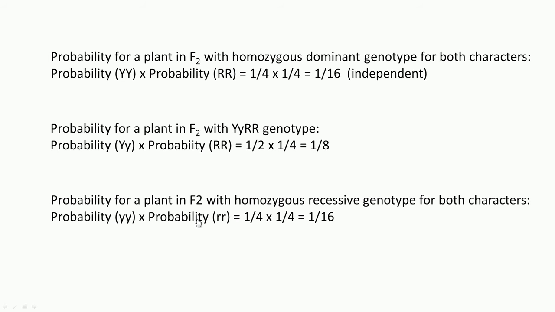The probability of a plant in F2 with homozygous recessive genotype for both characters, homozygous both the same, recessive both small letters in our terminology. In other words, probability of small y small y, small r small r. We know that this is 1/4 and this is 1/4, and therefore, the probability for a plant in F2 with homozygous recessive genotype would be 1/4 into 1/4, that is 1/16.